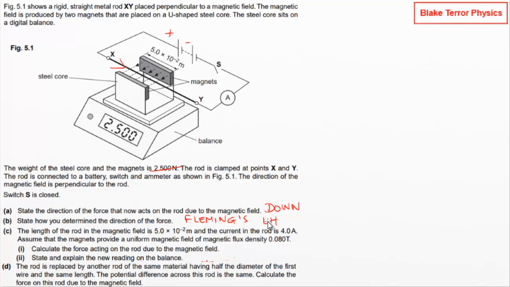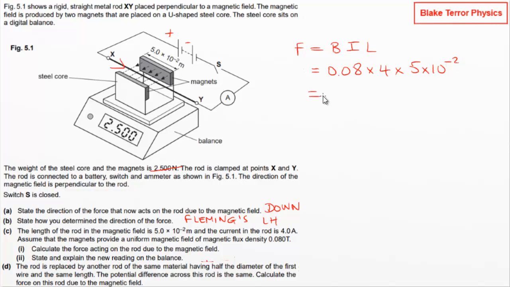Part C, the length of the rod in the magnetic field is that long. Current is 4 amps. Assume that the magnets provide uniform magnetic flux density of 0.08 Tesla. Calculate the force acting on the rod due to the magnetic field. So it's all perpendicular, so the force is BIL. B is 0.08, I is 4, pretty hefty current going through it, and the length is 5 times 10 to the minus 2.